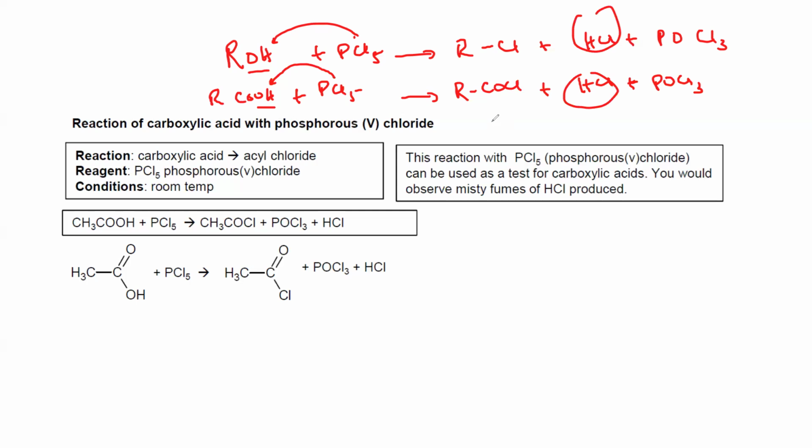Hydrogen chloride or hydrogen halide will always result in the formation of misty fumes. So we'll observe misty fumes because of the production of HCl. Is it clear? Any doubt in this?